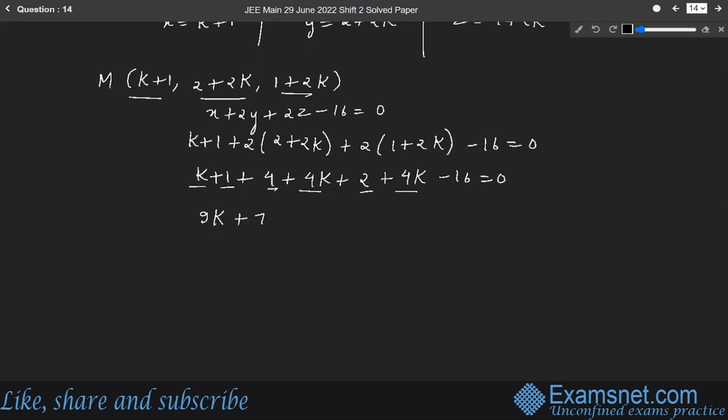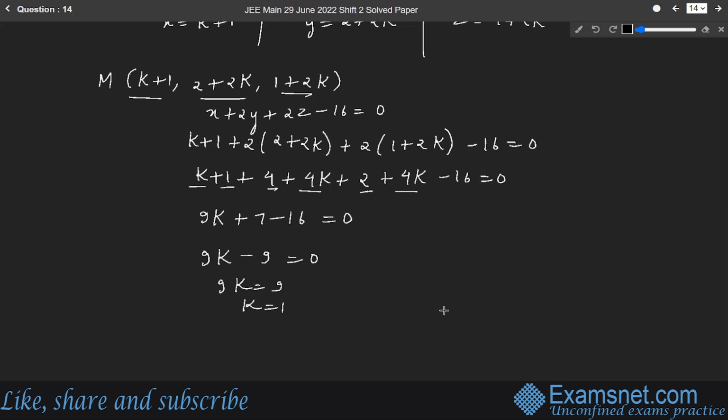So 9k + 7 - 16 = 0. What is 7 minus 16? It is minus 9. This is equal to 0. So 9k will be equal to 9 and k will be equal to 1.